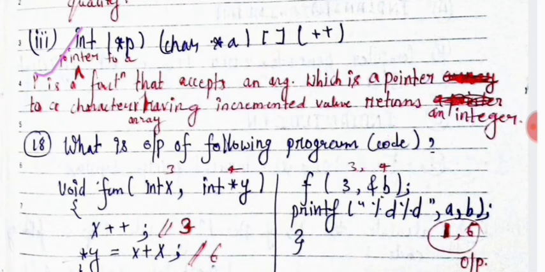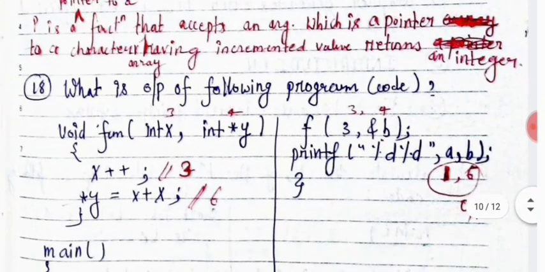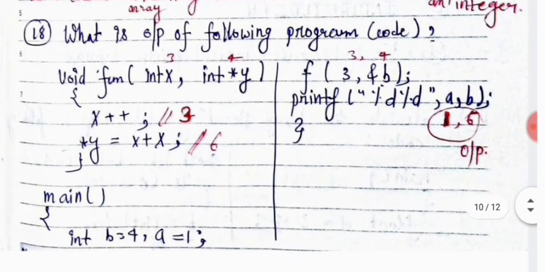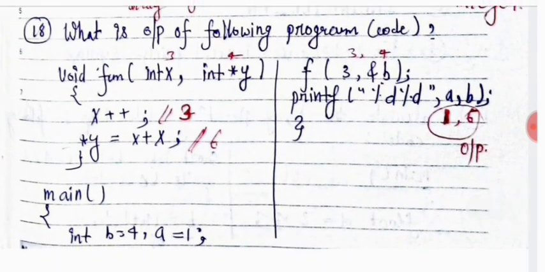Here the next question is: what is the output of the following program? The code is given like this, and after solving this code we start from the main function. Here int b = 4, a = 1, and we call the function f, that is fun(3, &b), and print the values of a and b.